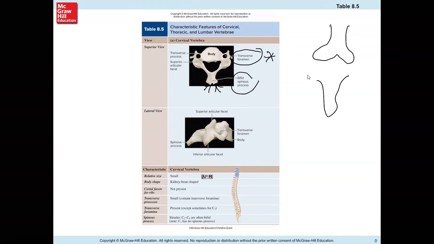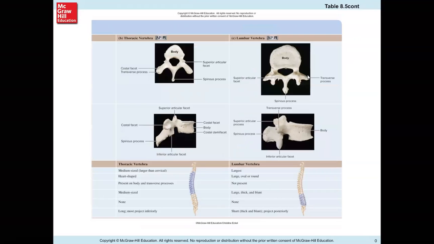Okay, so there's cervical. Okay, so now thoracic. I always think thoracic, if you look at them, they kind of look like a giraffe. Okay, maybe this is like the little giraffe ears, and this is the little giraffe. Let me show you. So there's the giraffe horns, I guess, and there's the ears.